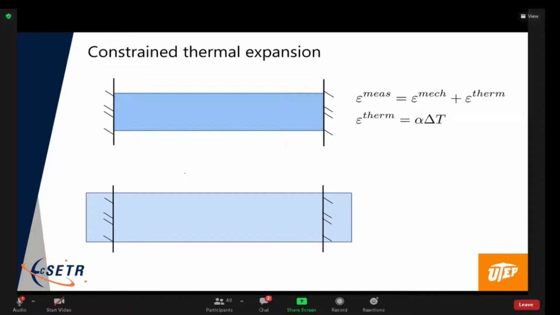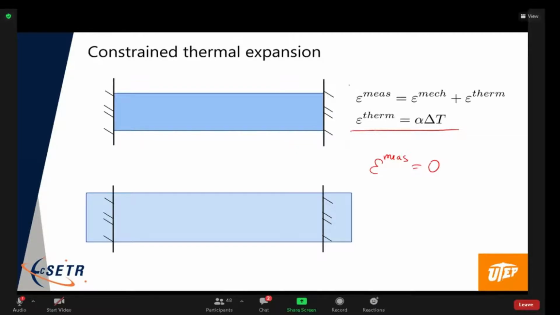And so in this case, you can't see any expansion. In this particular case, the measured strain is actually 0. You can't see any change in the specimen because it's constrained by those walls. So epsilon measured equals 0. Now we do know that the thermal strain is alpha delta T.